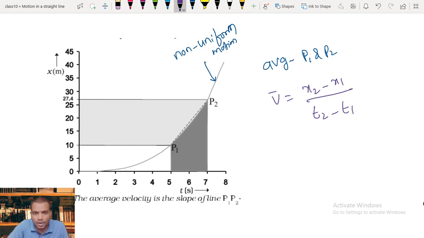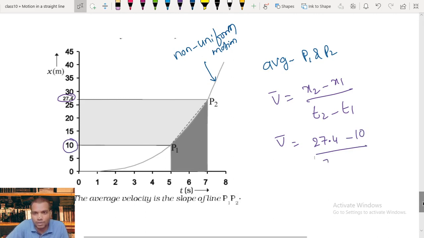What is the x2 value? It is the highest value here, 27.4. So V bar equals 27.4 minus x1, where x1 is 10, upon t2, which is 7 on the x-axis, minus t1, which is 5.